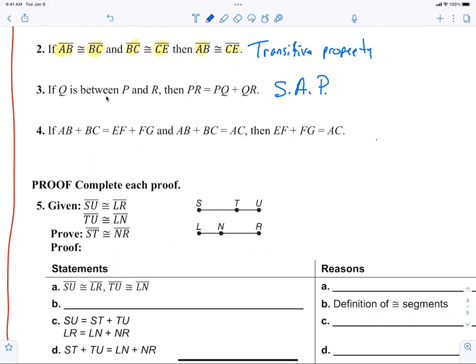AB plus BC. Then AC is being replaced with that. Is that true? And that's a substitution.